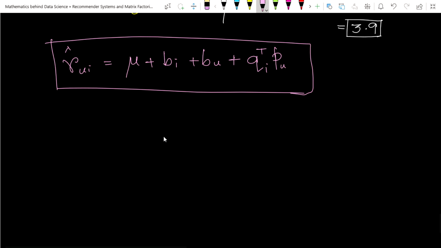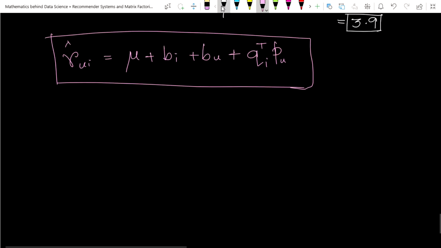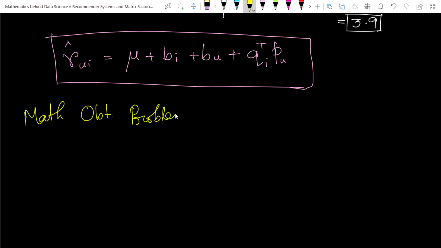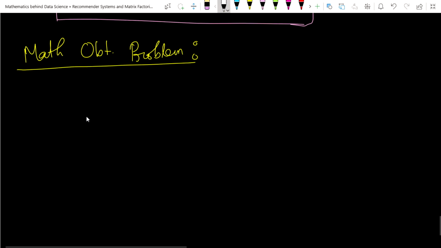Now the optimization problem has been converted. What will the objective function be now?